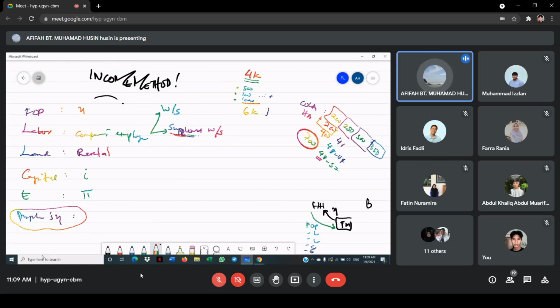Okay, royalty pun masuk bawah rental. Bawah land. Seperti apa? When will you get royalty class? Royalty is paid on what? Copyright.